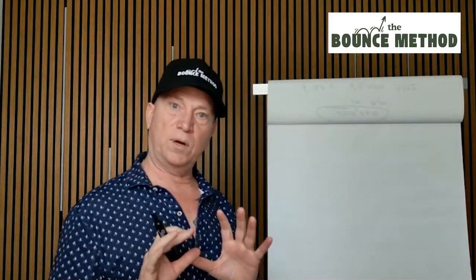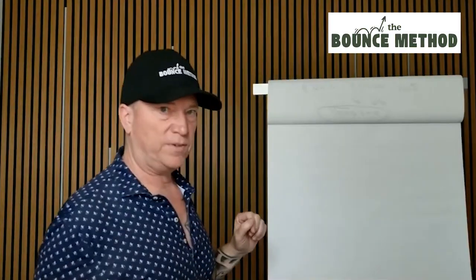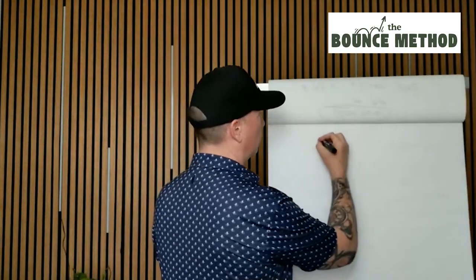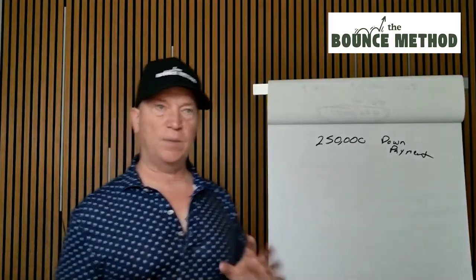So we go to the bank and say we want to purchase this $1 million property. They're going to ask us to put 25% down. So let's say we put a $250,000 down payment on this property.